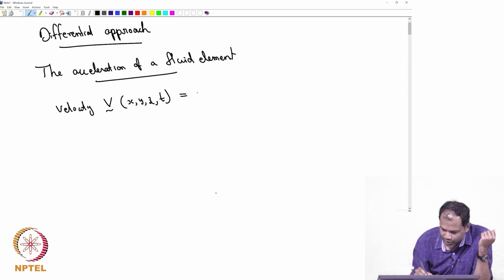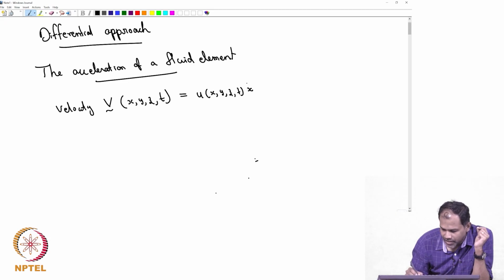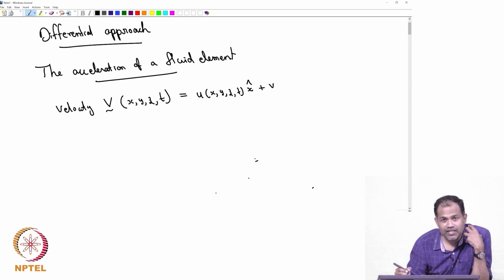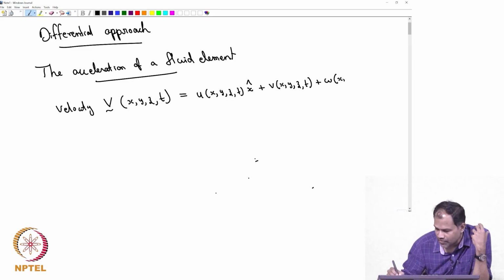I will say that u is the component of velocity in the x direction, which is also a function of x, y, z and t, and is in the x direction, which I represent as x cap, plus v, which is the component of velocity in the y direction, a function of x, y, z and t, times y cap, plus w, which is the velocity in the z direction, a function of x, y, z and t, times z cap.